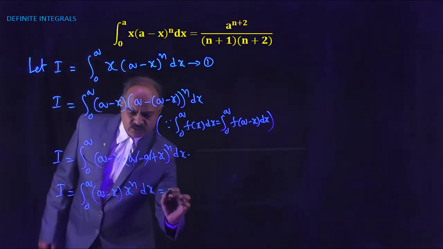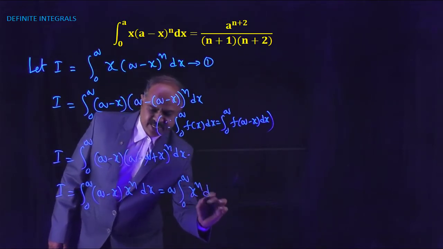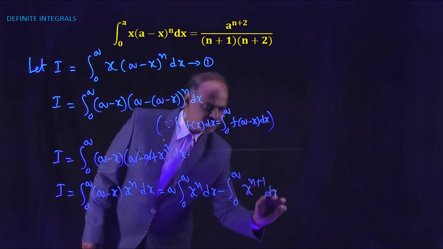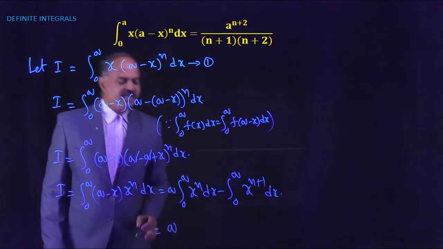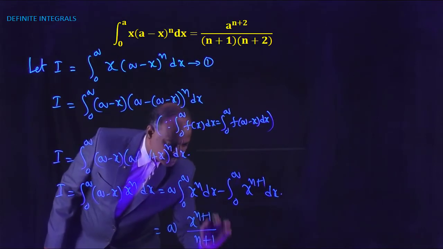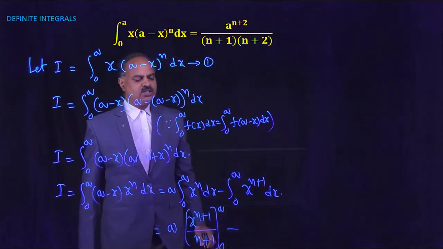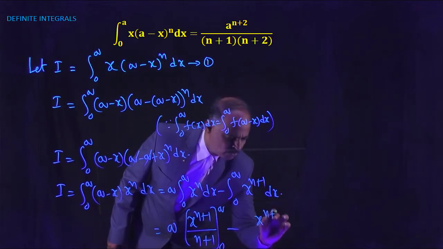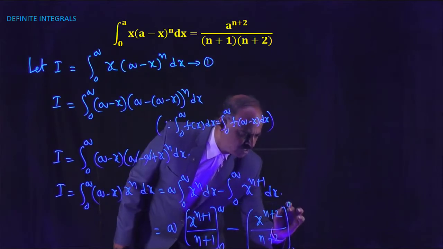Now this is equal to a into integral 0 to a x power n dx minus integral 0 to a x to the power n plus 1 dx. That is equal to a into x power n plus 1 by n plus 1, limits 0 to a, minus x power n plus 2 by n plus 2, limits 0 to a.